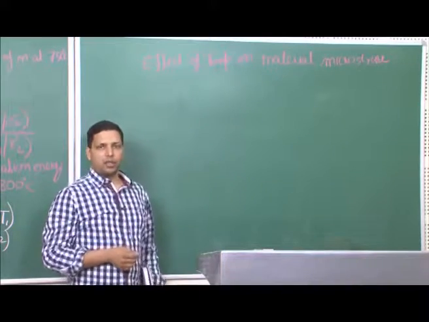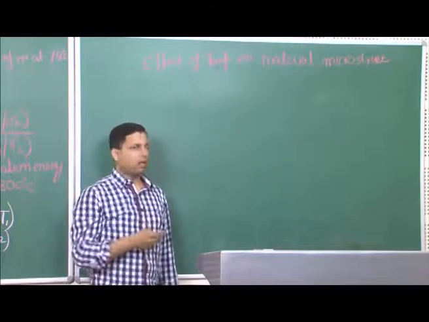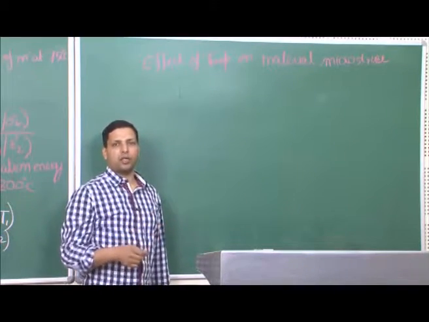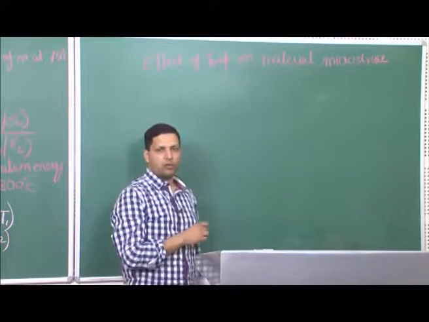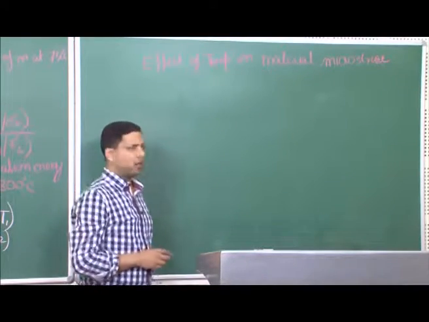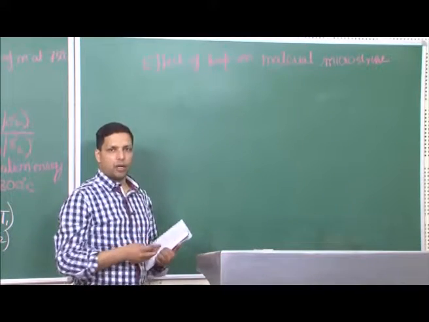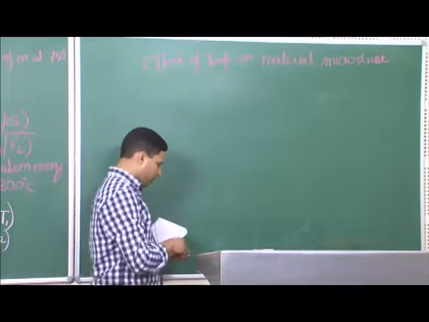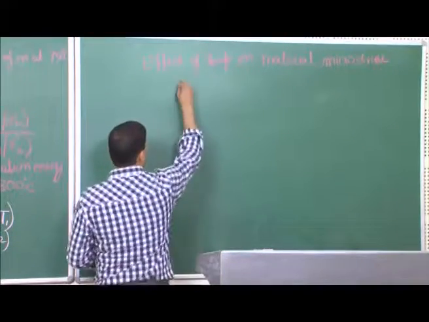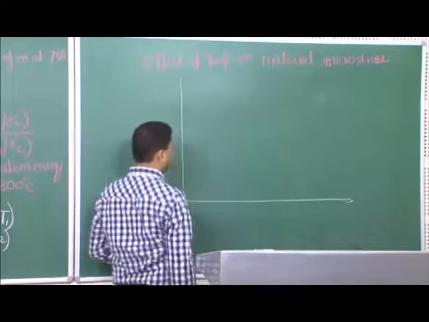And temperature itself affects the microstructure directly, and therefore, through that microstructure some of the properties of the material change. So, that is what we will see: what are those properties that change, and along with that what are the microstructural parameters that change which lead to those changes in properties. So, let me plot again.